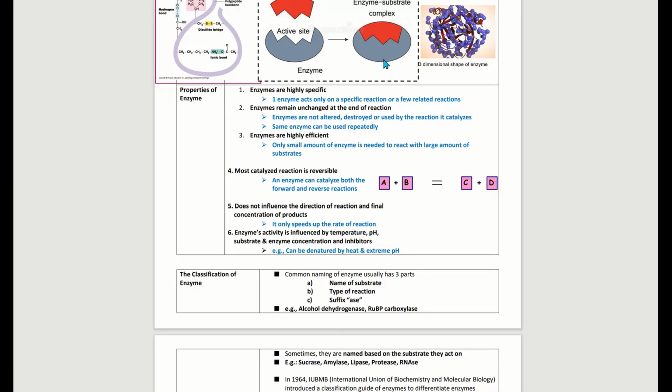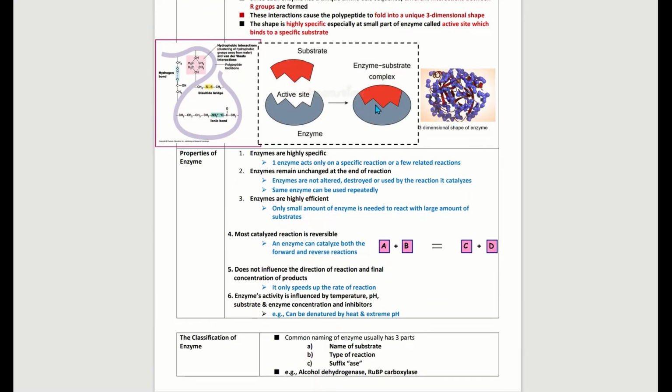Bila dia dah keluarkan produk daripada dia punya active site ni, bentuk dia macam ni juga. Okay, so same enzyme can be used repeatedly and then dia akan bind balik dekat substrate yang lain bila dah releasekan yang produk. Okay, so enzymes are highly efficient, so we only need a small amount of enzyme untuk react dengan large amount of substrate.